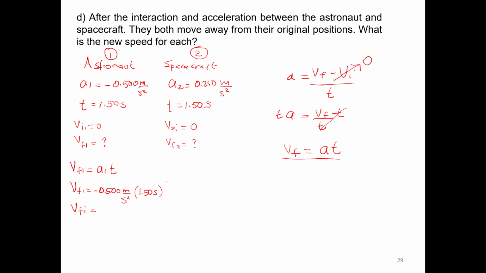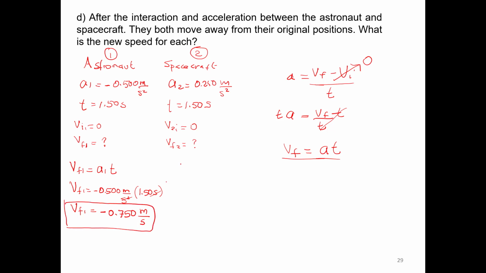Then the final velocity in the case of the astronaut will be negative 0.750 meters per second, with three significant digits. The seconds cancel out, and yes, meters per second is velocity.